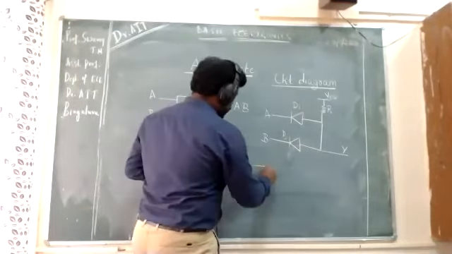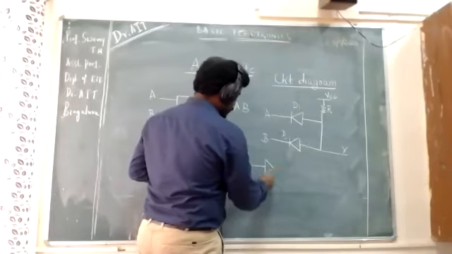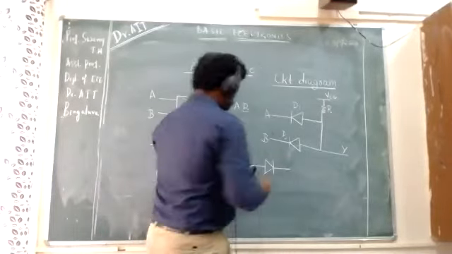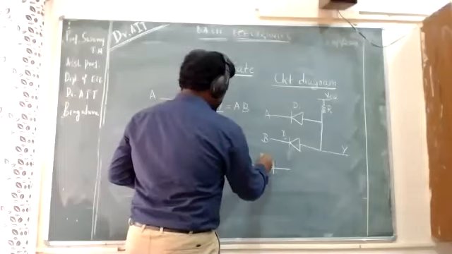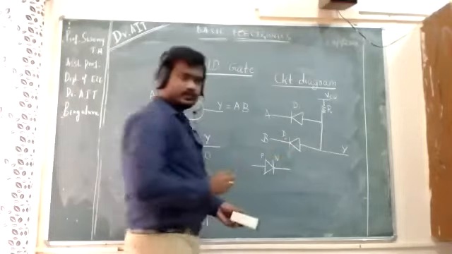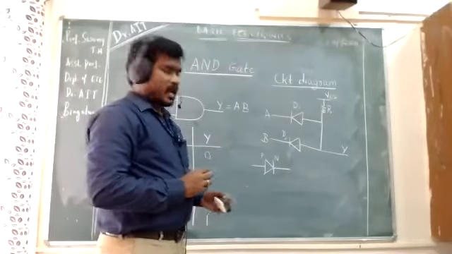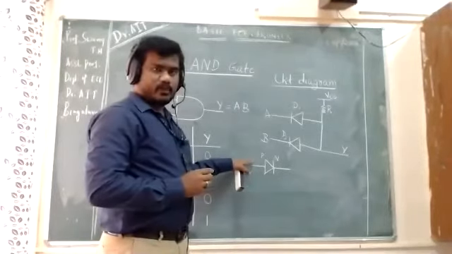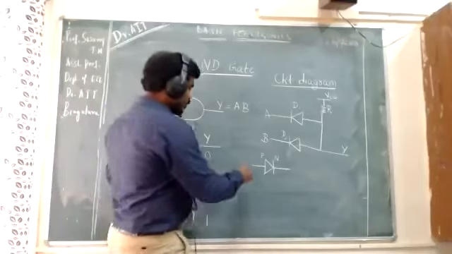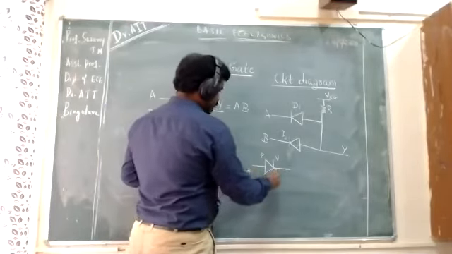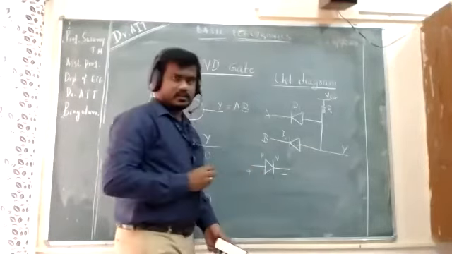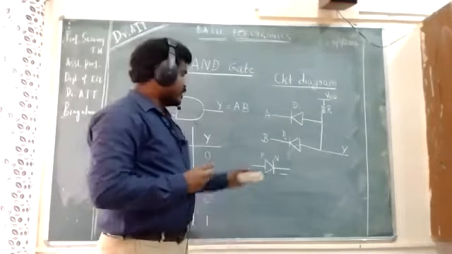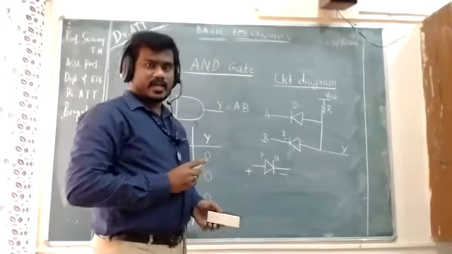I will take a diode now. This is called the P terminal of the diode, and this is called the N terminal. If you apply positive voltage here and negative voltage here, then we say that the diode is in forward bias condition.